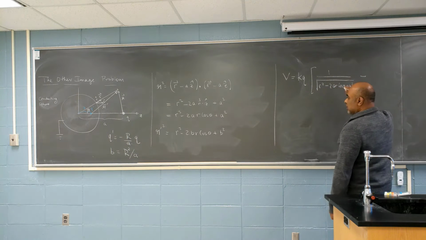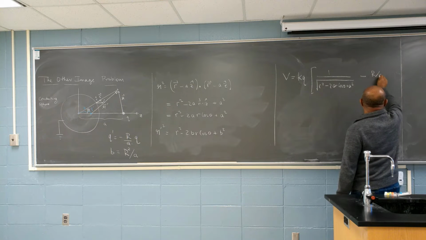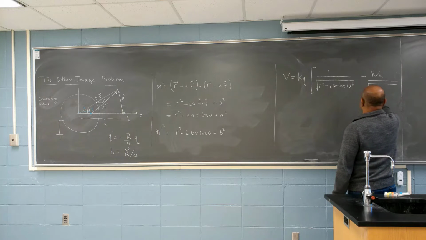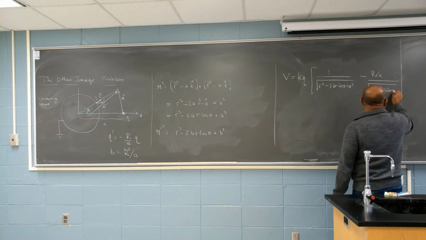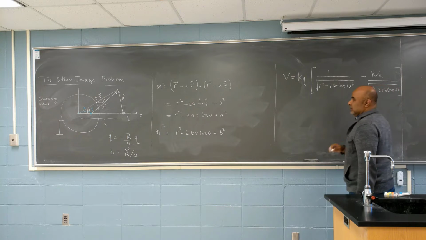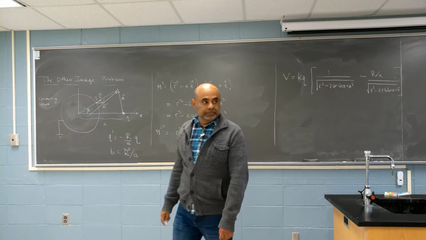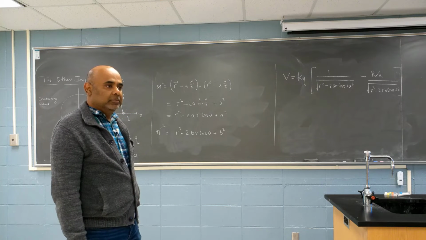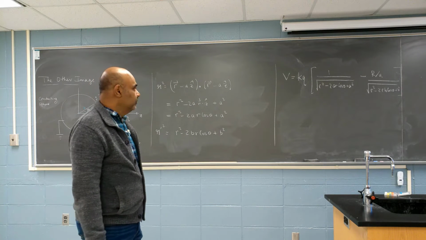And tell me, what am I doing over here? I'm just going to B cosine theta plus B squared. I didn't do much. What did I do? I just factored out the Q.